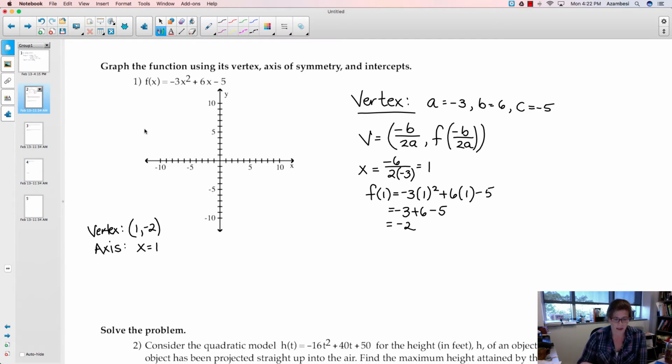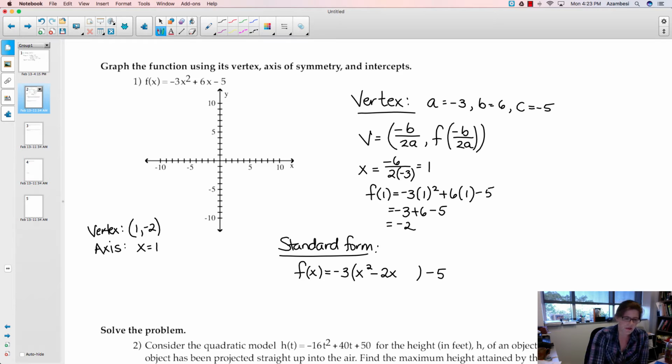So if I were going to put this into standard form, then I can say that I have f of x equal to, and I need to factor out the coefficient negative 3. So negative 3 times x squared, and it's going to change the sign, minus 2x, and minus 5.